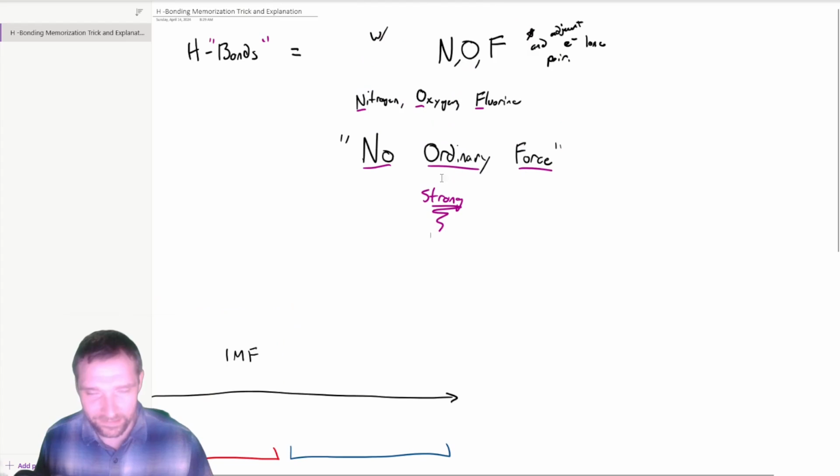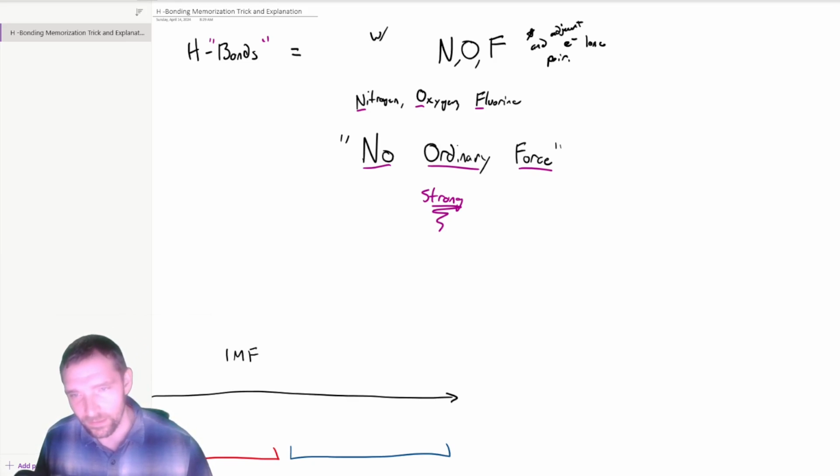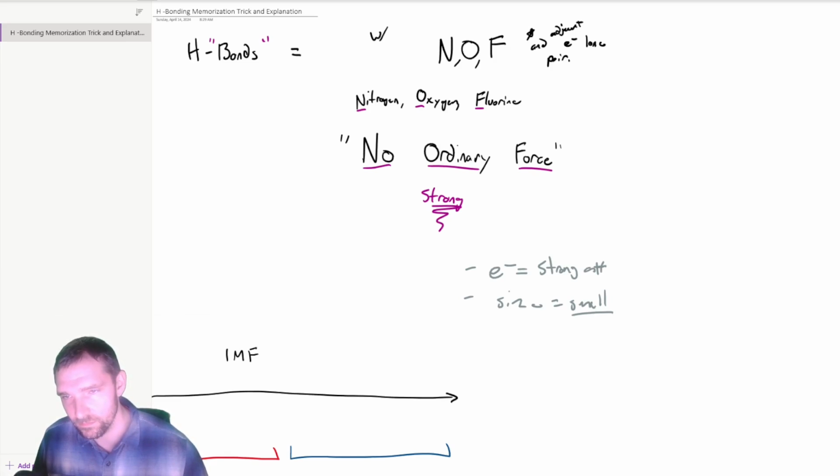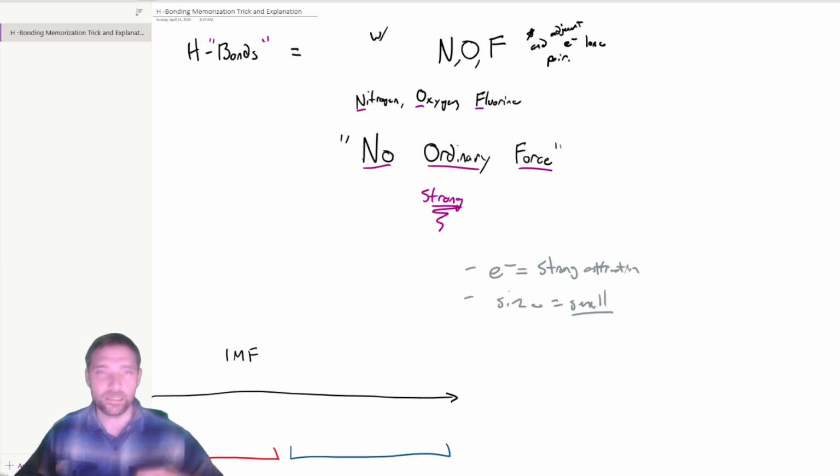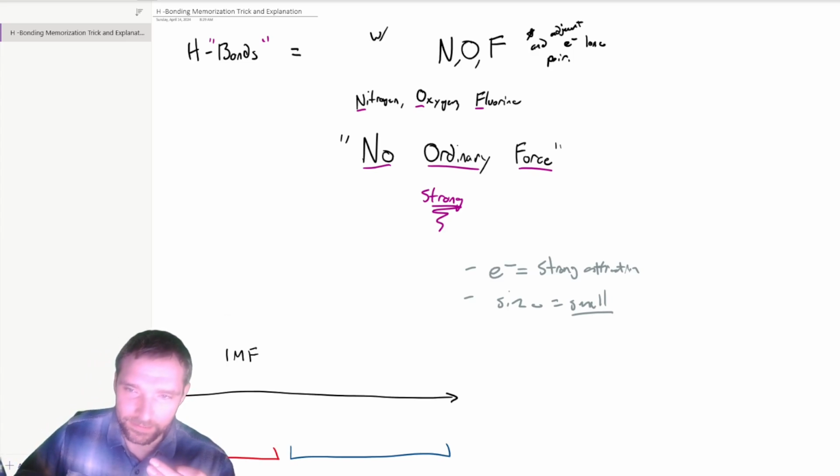So to really understand this, we need to think about their electronegativities and their size. These are very small atoms, and they are very strong in terms of their electronegativity, meaning that these things are going to be holding on to electrons.